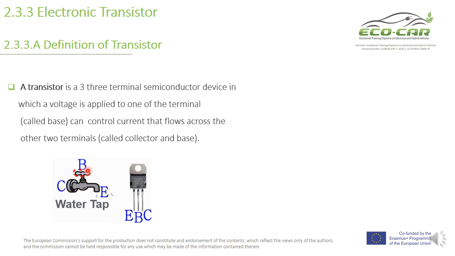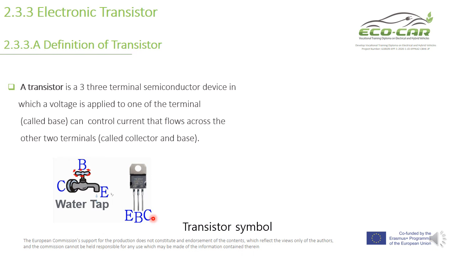A tap can control the flow of water, but in an electronic transistor like this, the voltage to the base controls the flow of current from the C to the E terminal. So the transistor, as you see here, has three terminals. They are called emitter, base, and collector.